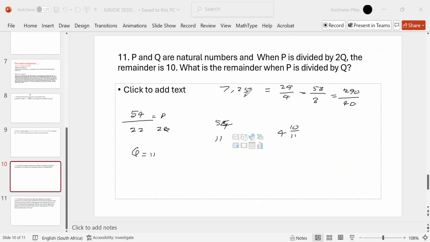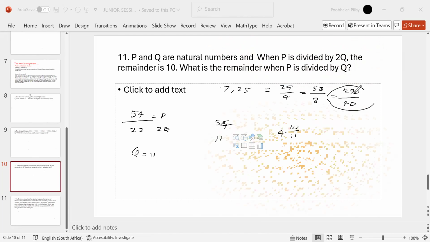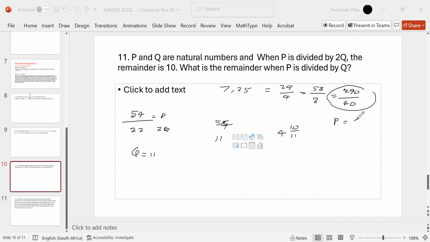The same fraction can be written in so many different ways. So if you multiply this thing by 10, then you got 280 over 40. 40 goes into this 7 times, and the remainder is 10. Okay. So this is what P is, and Q would have been 20, because P is divided by 2Q.